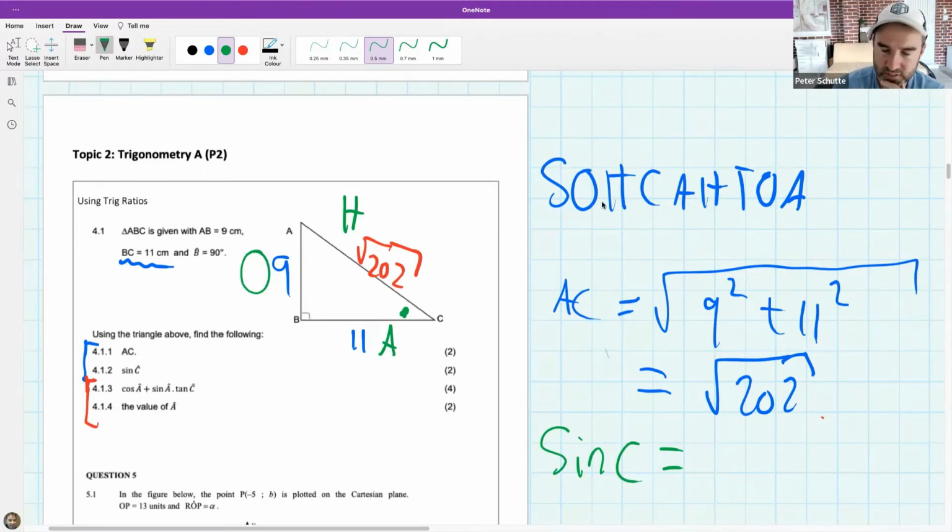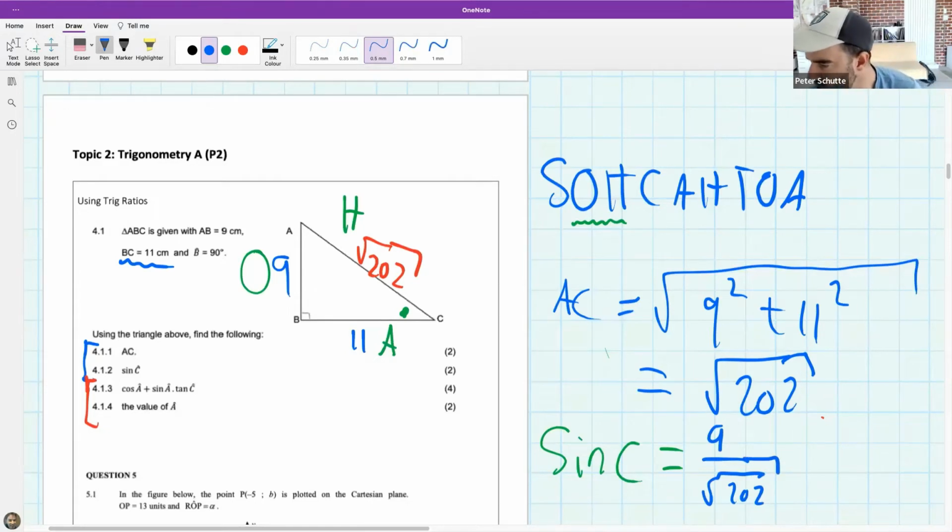So the sine of C is going to be O over H. Since I know on this drawing, C is here and opposite C is that, we should have sine of C is 9 over square root 202, which if we put into our calculators, you should get 0.63.